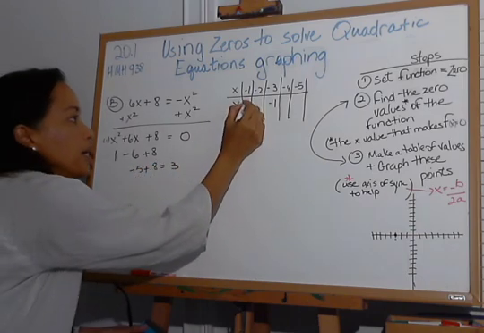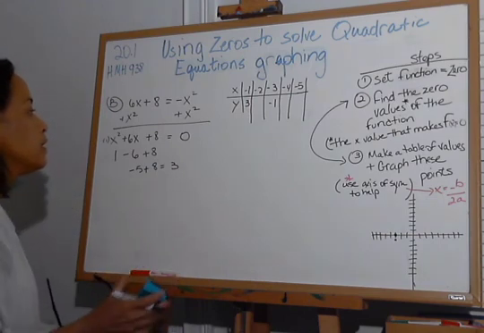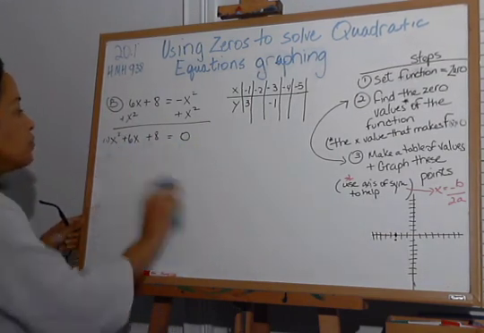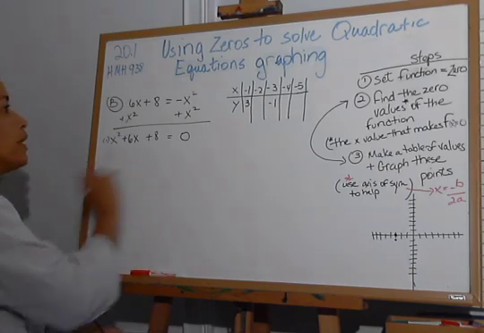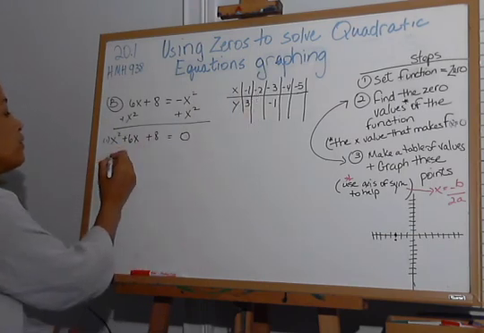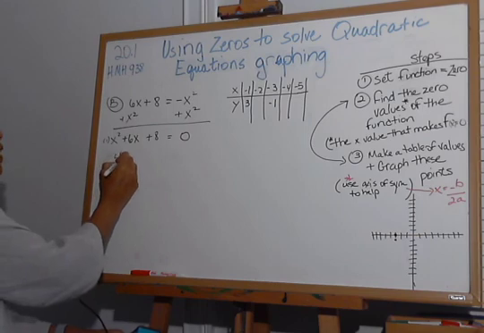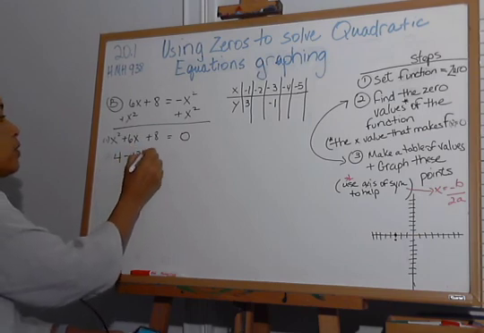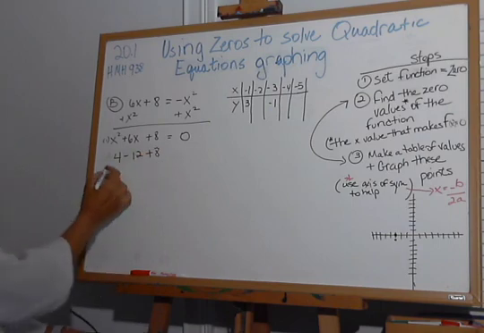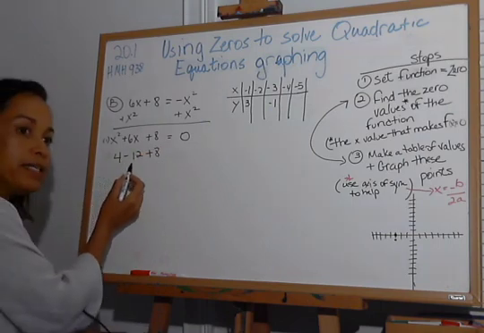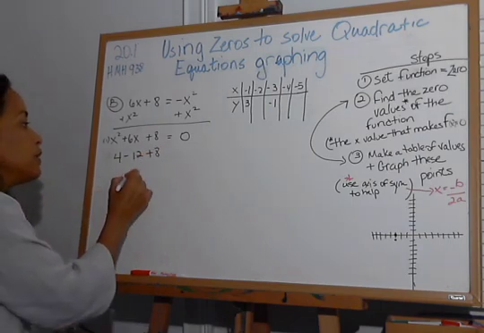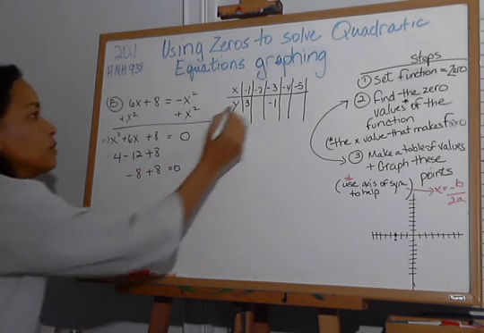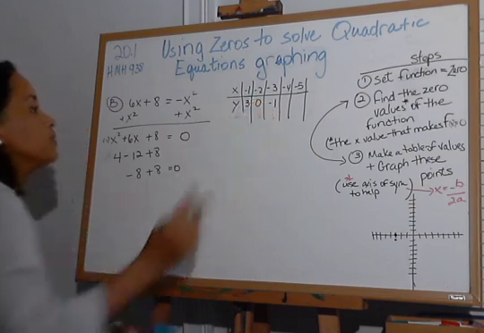So my y is 3. Let's just do the whole chart and then plug everything in. So when x is negative 2, negative 2 times negative 2 is 4. Negative 2 times 6 is negative 12 plus 8. 4 minus 12 is negative 8 plus 8 is going to equal 0. So that's going to be 0.